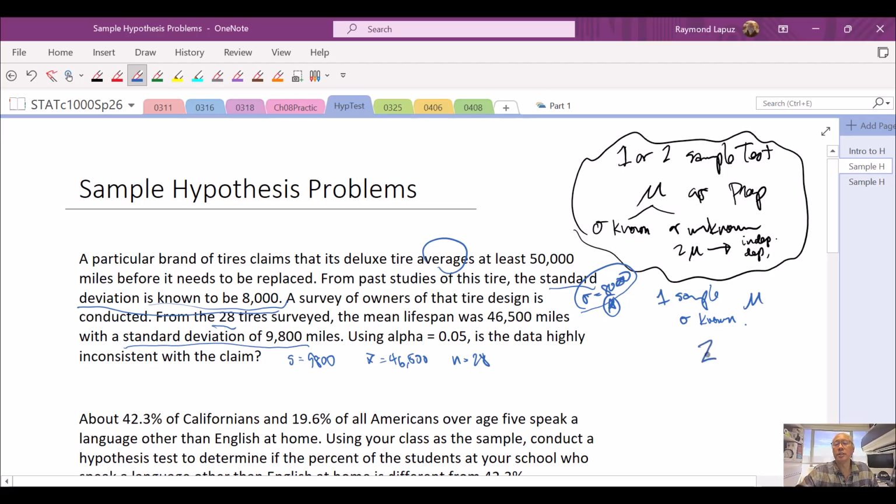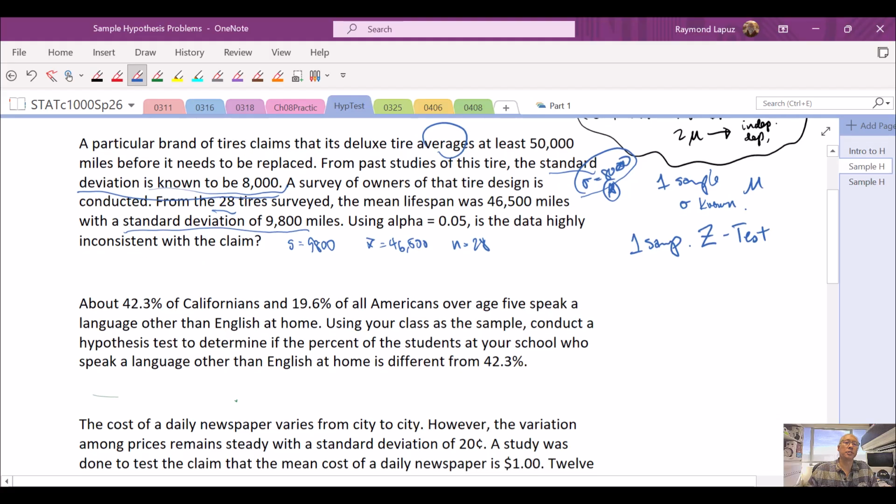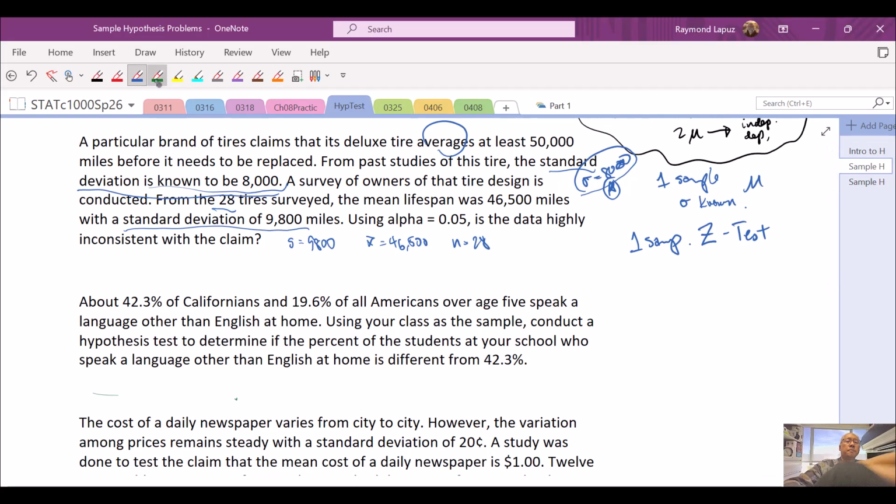We're going to use a Z distribution. And this is a 1 sample problem. So it's a 1 sample Z test, and you put in the information. First you set up the hypotheses, you put in the information, draw your conclusions, and then write your results. All right, on to the next one.